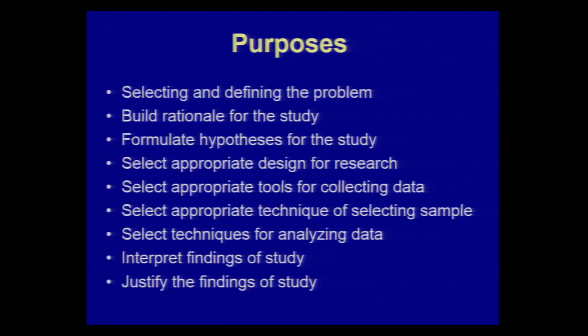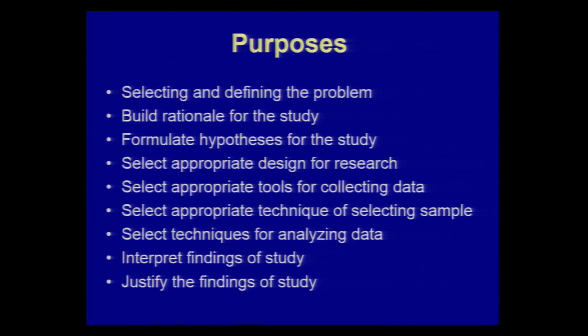In addition to that, interpretation of the findings is an important purpose which is served by the review of related literature, and you can also justify the findings on the basis of previous studies.